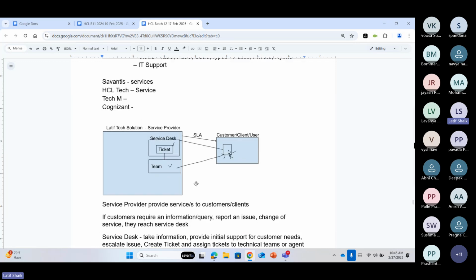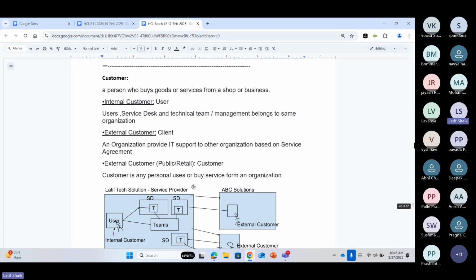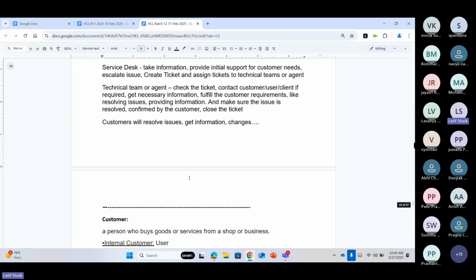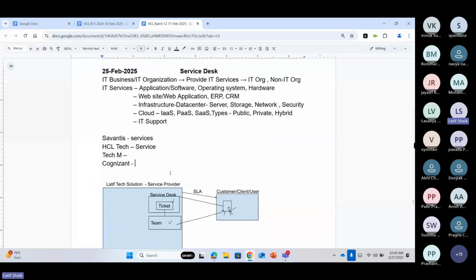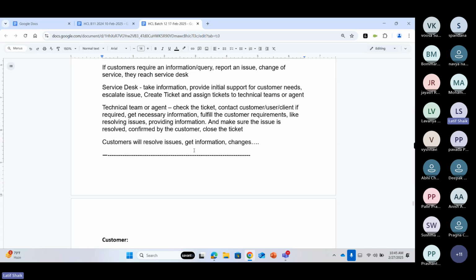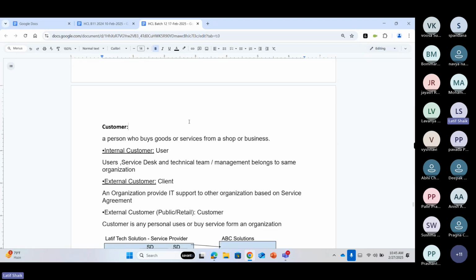And we also saw what is meant by customer. Customers are internal as well as external. Internal customers belong to the same organization, as per their requirement. For example, I want VPN access, so I will send a request to the service desk.